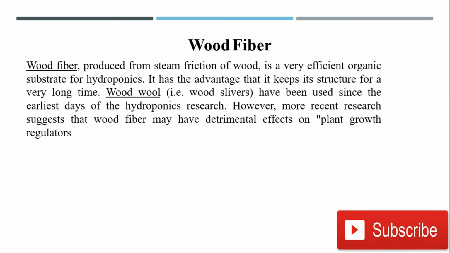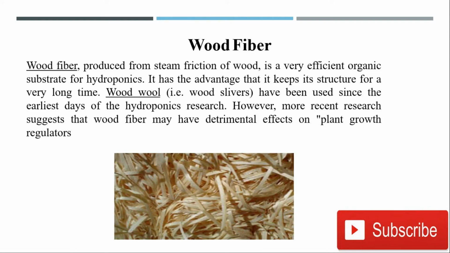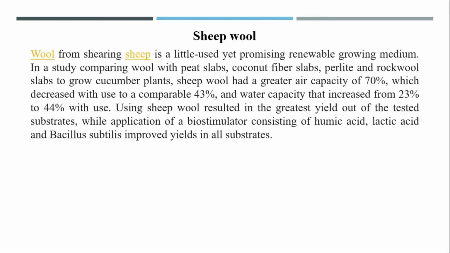So wood fibers, we can use this as a medium, but upon detailed analysis, if they interfere with the plant growth regulator, we can avoid this one. This is an example of the source of the wood fiber.